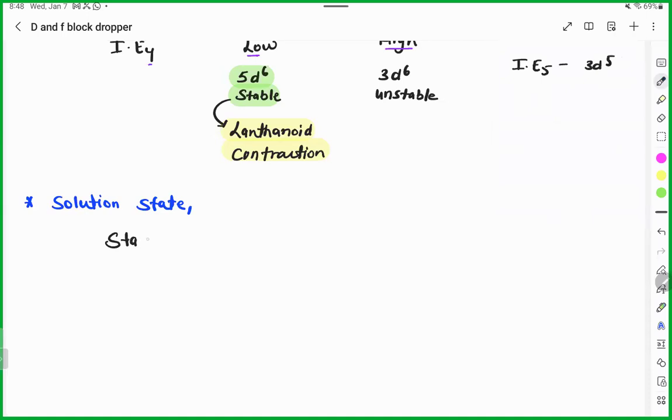Sir, density. High density more stable. Density is one of the factors, but in the solution state, it depends on standard reduction potential.